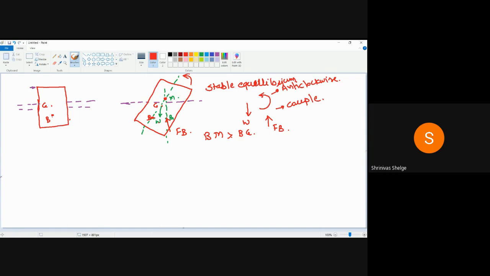So the next condition is the unstable equilibrium condition. Again, I am going to give one example. Again, the same body is here, and suppose again it is immersed in the fluid, and suppose again it gets displaced like this one.